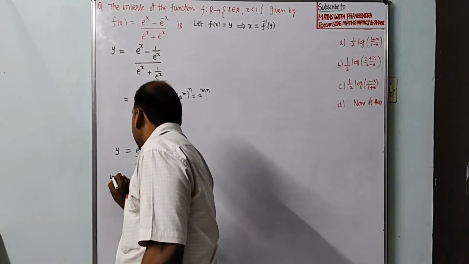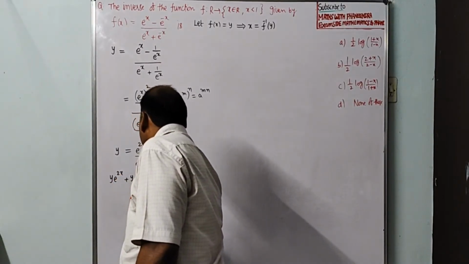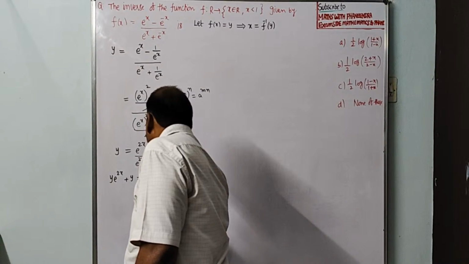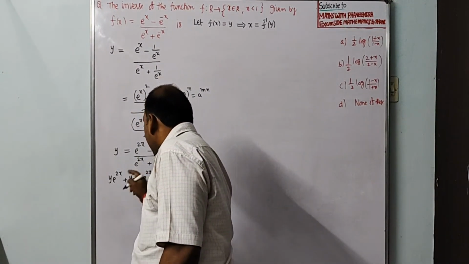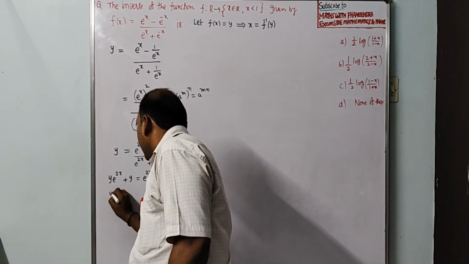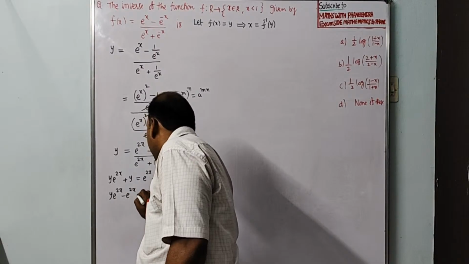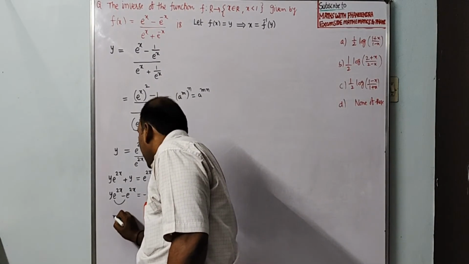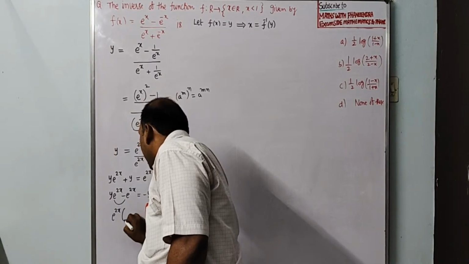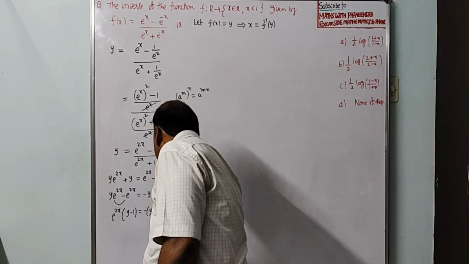Now cross multiply: y e power 2x plus y is equal to e power 2x minus 1. Bring the y term to one side: y e power 2x minus e power 2x equal to minus y minus 1. Take e power 2x common: e power 2x times (y minus 1) equal to minus of (y plus 1).